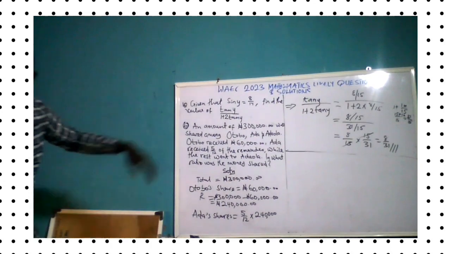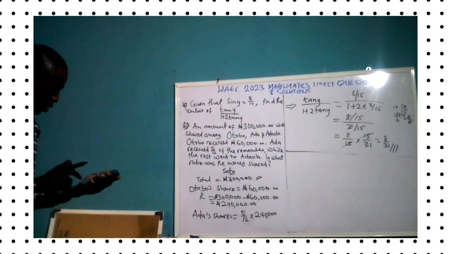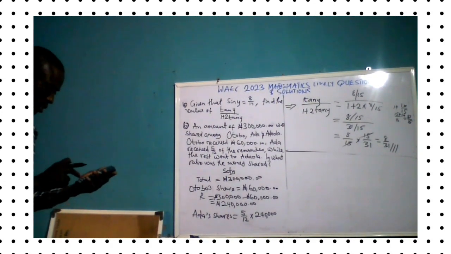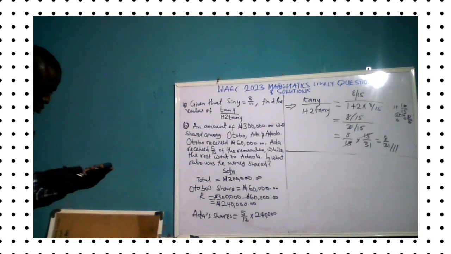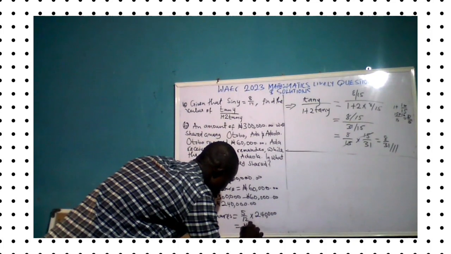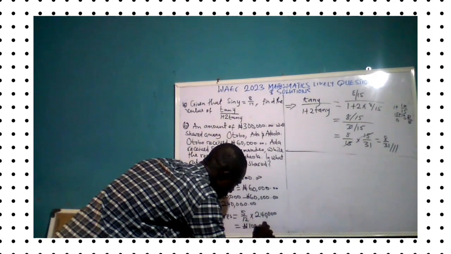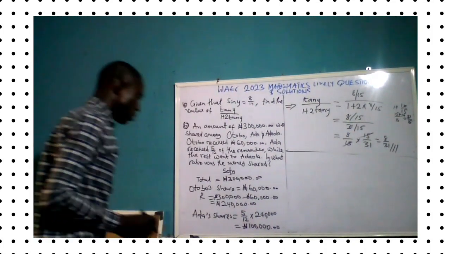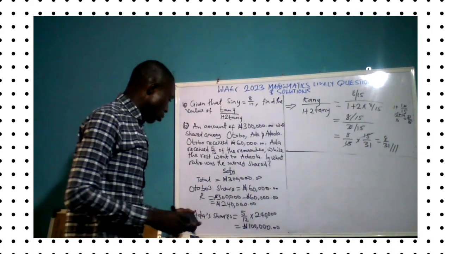And using your calculator, that gives you 100,000 naira. So 100,000 naira was Ada's share.